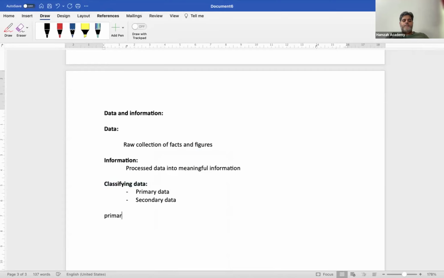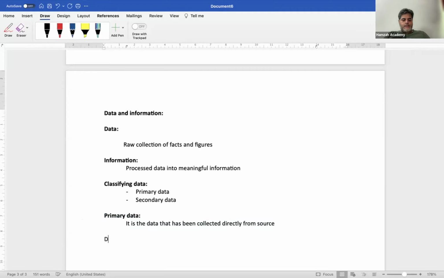Primary data is the data that has been collected directly from the source. So data which you directly collect from the source is called primary data.